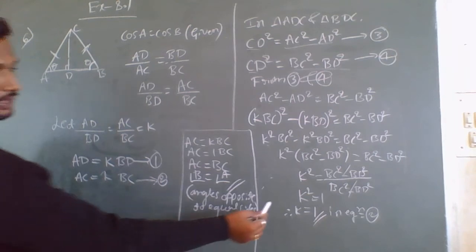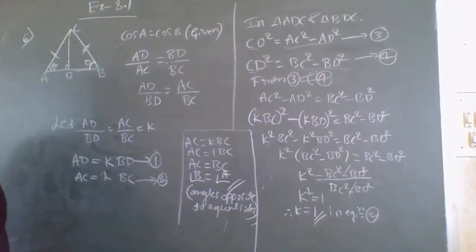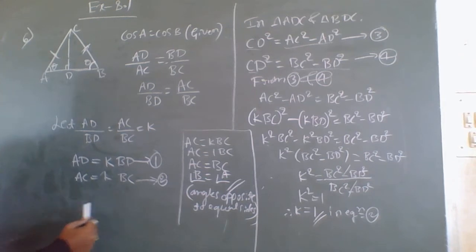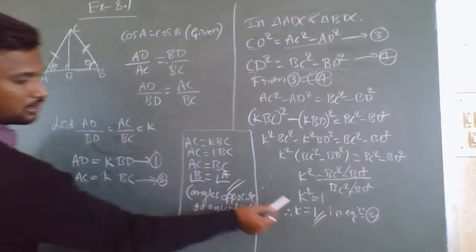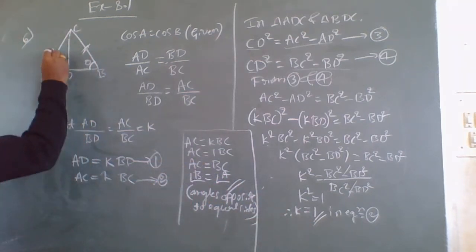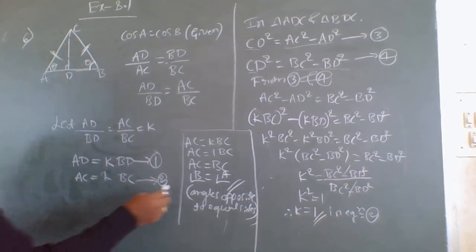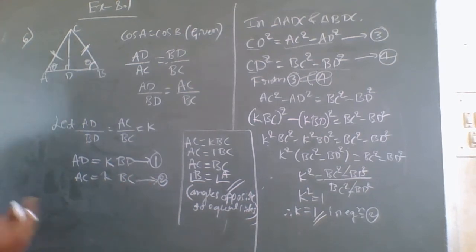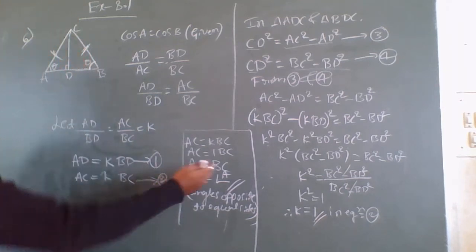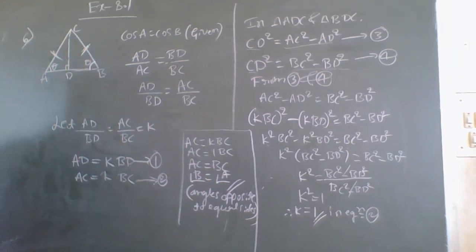So that we will get K value which is equals to 1, and we will insert this value into equation 2. So AC equals to K into BC, here we will consider K value as 1. So therefore AC is equal to BC. If AC equals to BC, then we know that the angles which are opposite to equal sides are also equal. Therefore angle A equals to angle B.